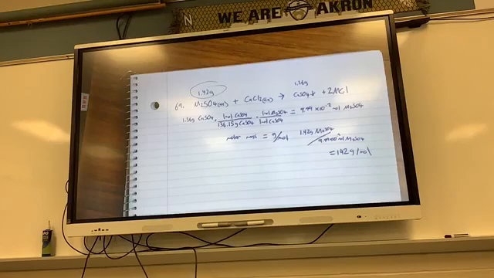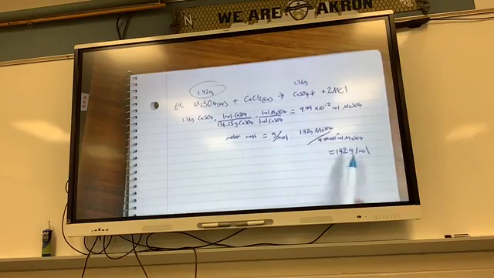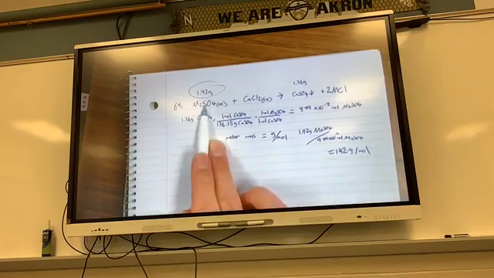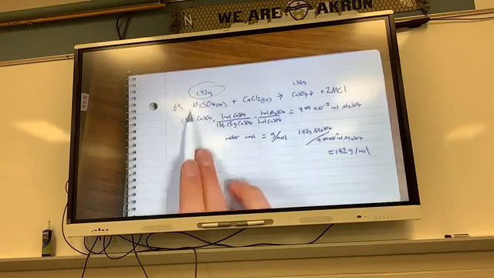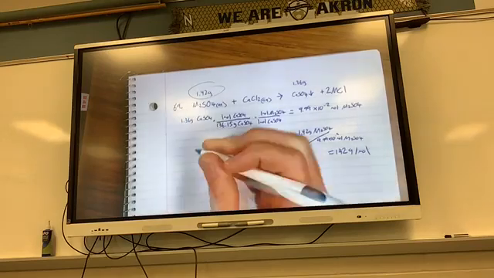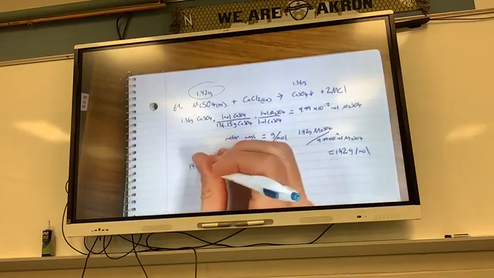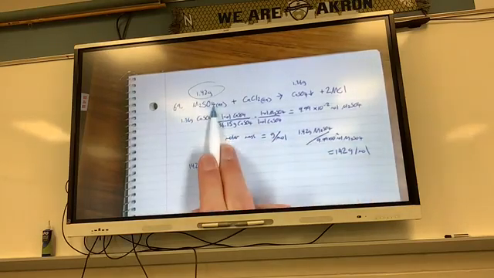No. Why? Because that's the molar mass of the whole compound. So now I've got to figure out what's M. That's the last step. So I'm going to take my 142 and subtract, what's oxygen's rough molar mass? 16.